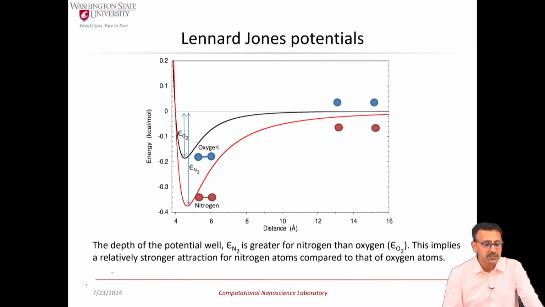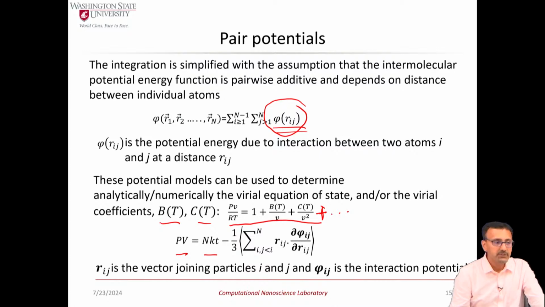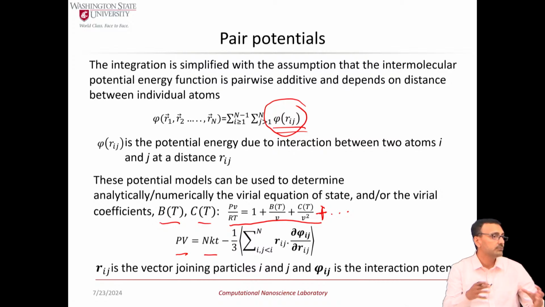The Lennard-Jones potential is a very common one, called the 6-12 potential. It describes the interaction between atoms in a system in terms of a short range repulsion, which is captured by sigma over r raised to the 12, where sigma is the equilibrium distance between the two atoms in the system.